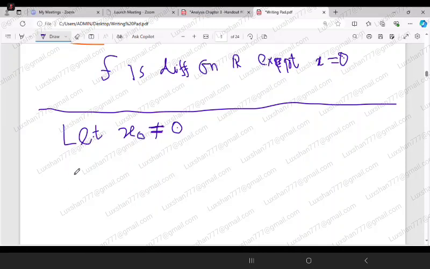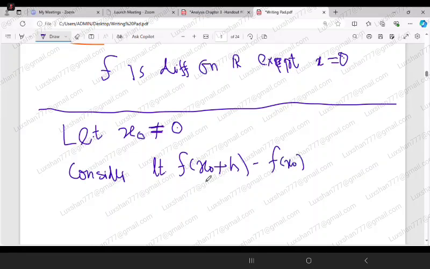Now we want to consider the limit of f of x naught plus h minus f of x naught over h as h tends to 0.